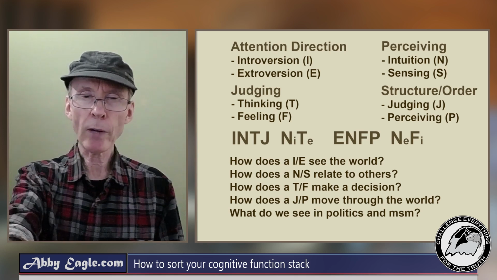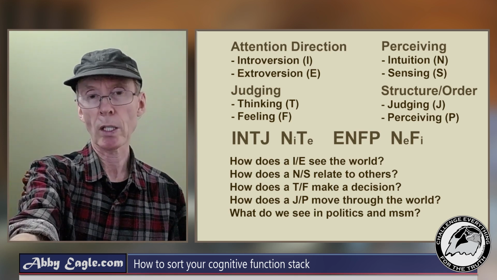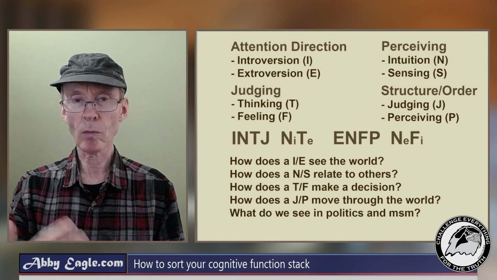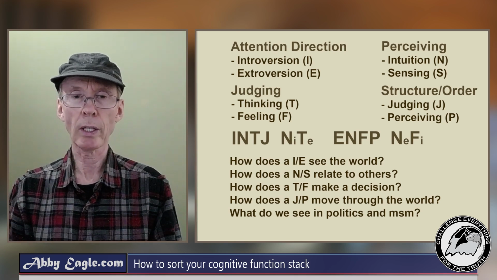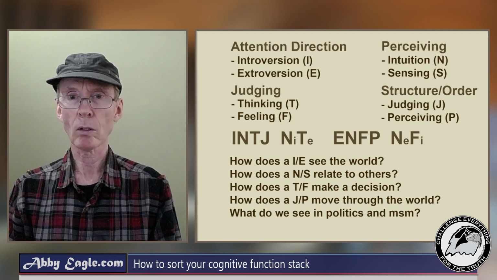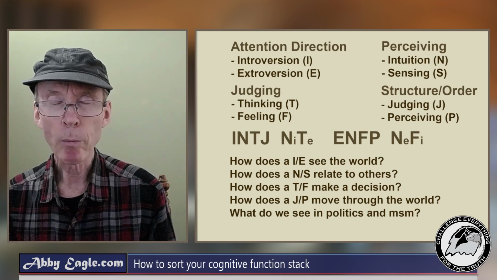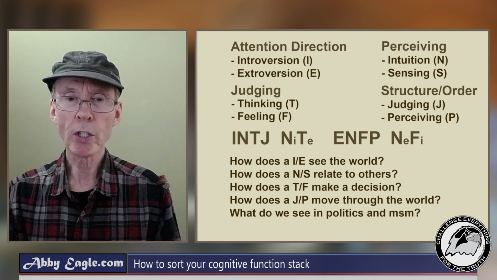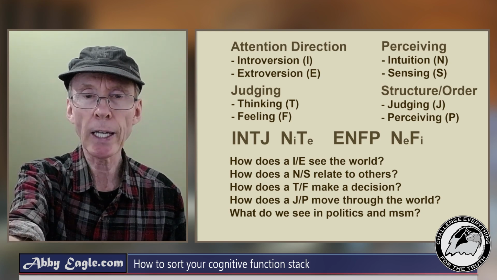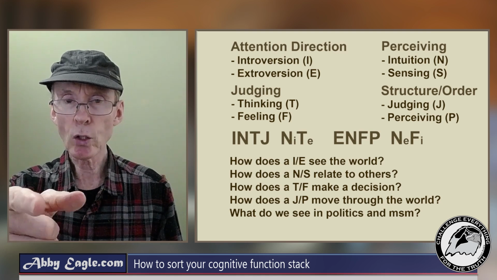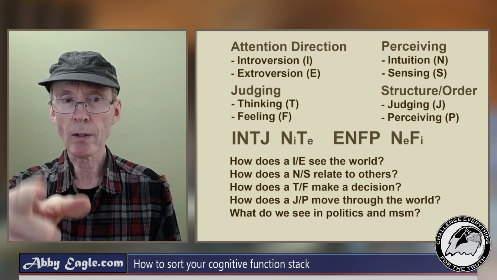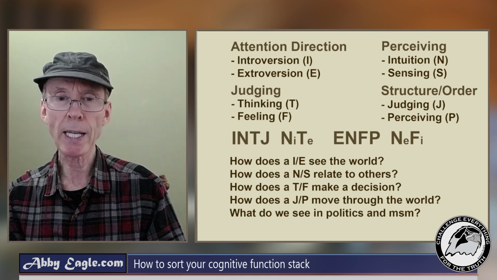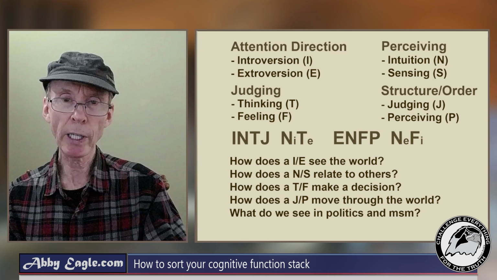If you have a look at the last one, the judging function, that's what you guys see of me. You see that I'm structured, orderly, conscientious, all that sort of stuff, right? So the judging function is extroverted. The judging function is thinking. So next to the T, you put a little E. So it's TE. That means the perceiving function, intuition, has to be introverted.